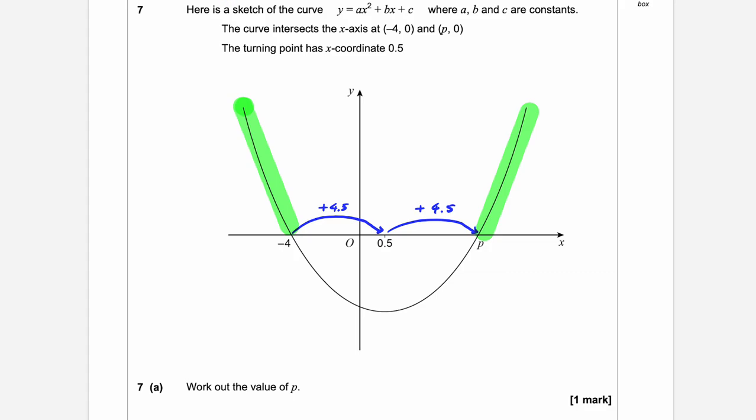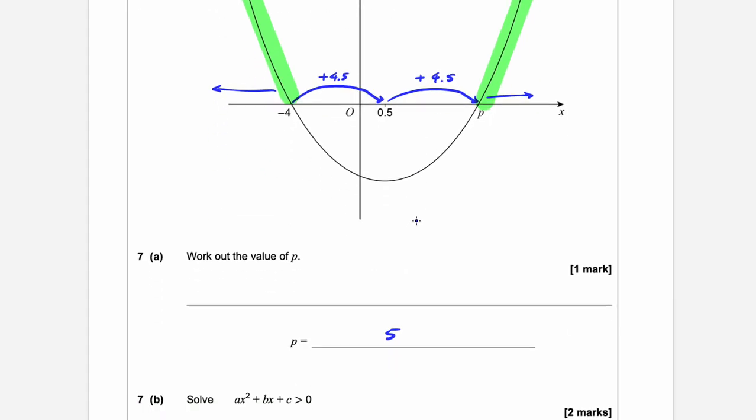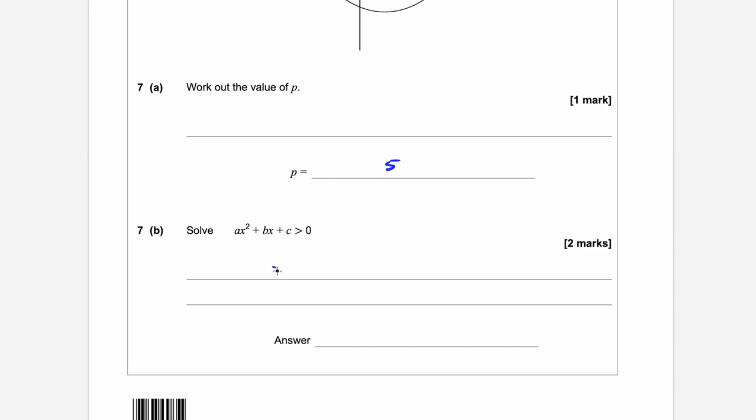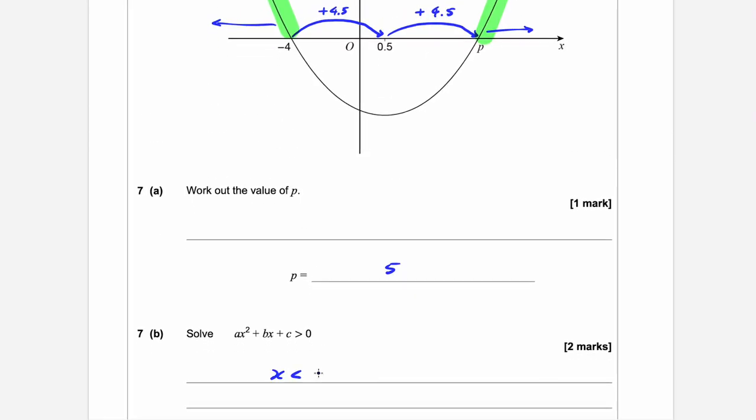So any values bigger than p and less than -4. And we know, guys, p is 5. So the answer is x is less than -4, comma, x is greater than 5.